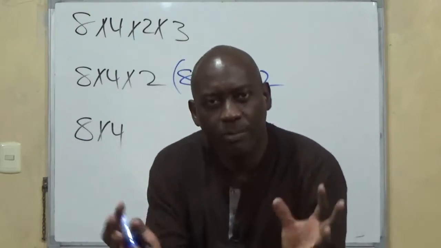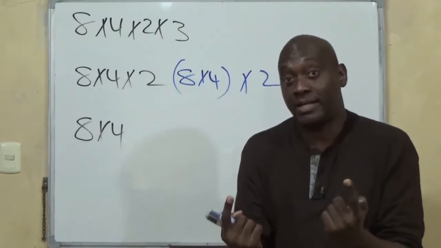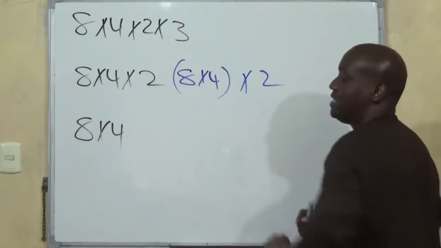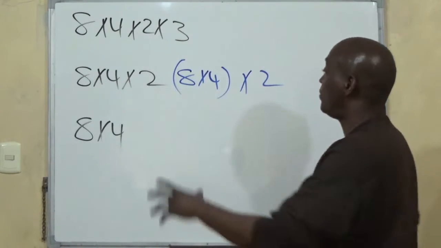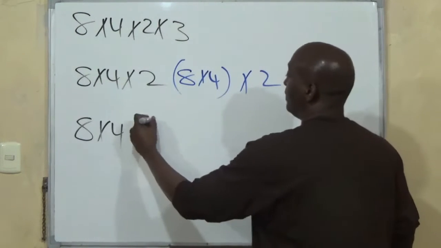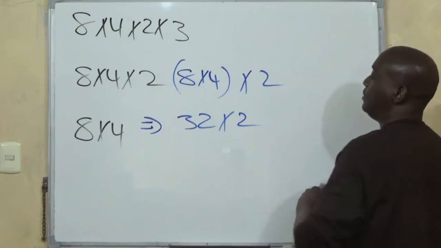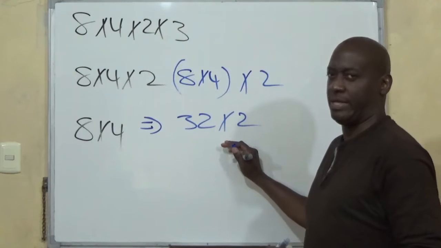So you can have a whole operation functioning as an operand as well, within the context of an even broader operation. All right? So 8 multiplied by 4 is 32. So this will be what? 32 multiplied by 2.